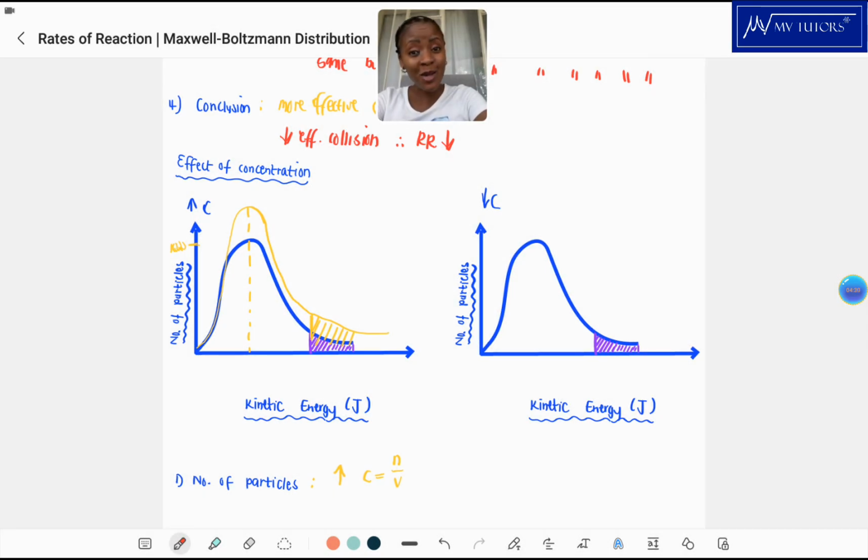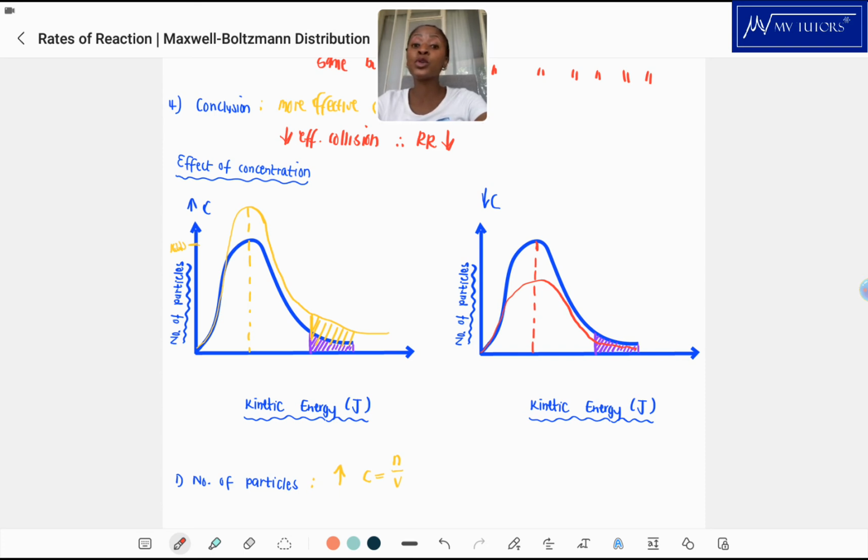When you decrease concentration, however, the opposite of what happened when you increased concentration will happen. Again, you start at the same place at 0, but now, I tried. Basically, again, the most probable energy will stay the same, but the number of particles at the most probable energy has definitely decreased.